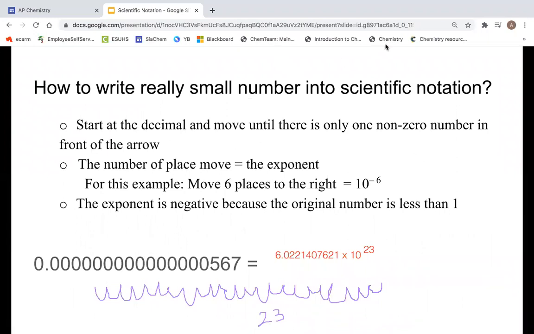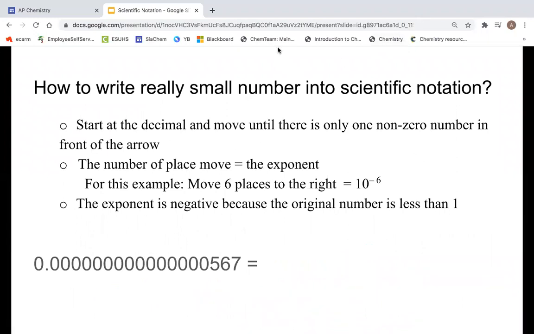Let's try this one. How do we do this one? Well, you do have a decimal. That's good news. We're going to start from there and then we're going to move. Remember, you stop when you get a non-zero number in front of the decimal, so that you have a number between 1 point something and 9 point something.